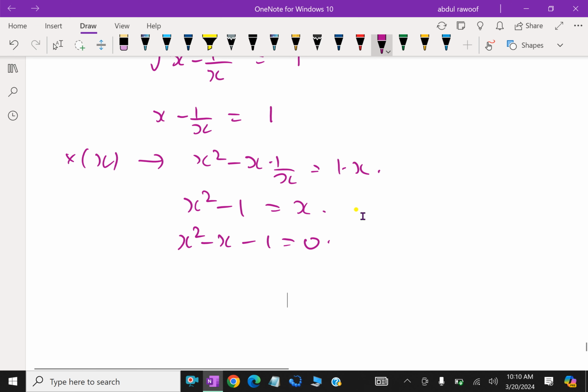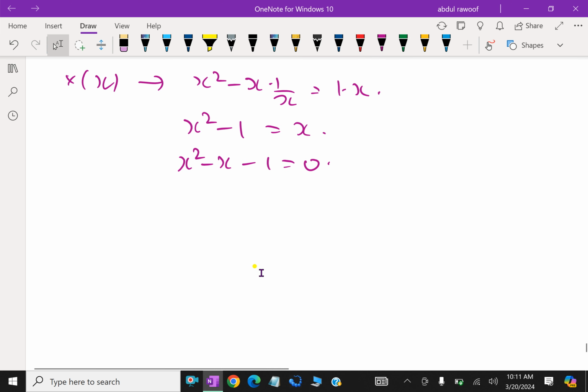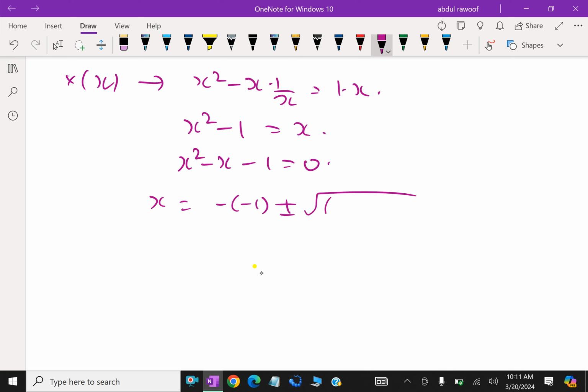This is a further quadratic in terms of x. By solving this quadratic equation by using quadratic formula, x equal to minus b plus or minus root b square minus 4ac over 2a. Here a is 1, c is minus 1, 2a is 2 into 1.